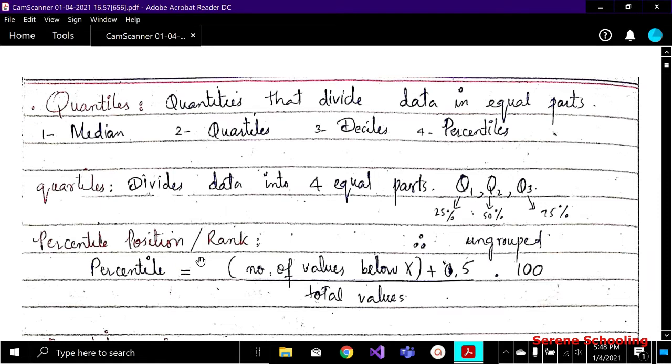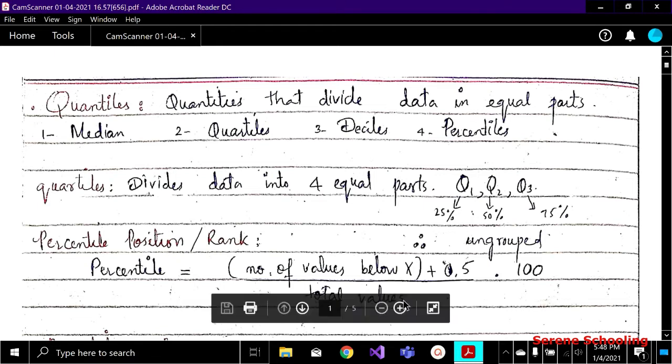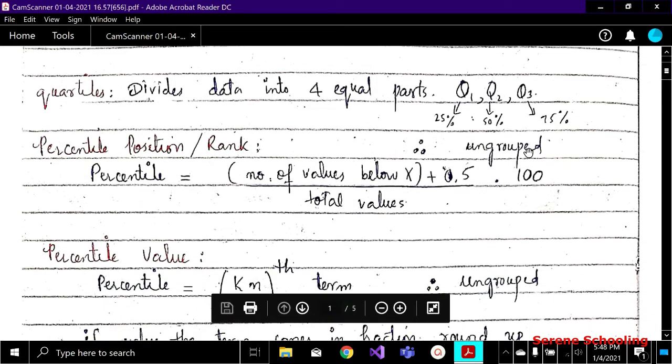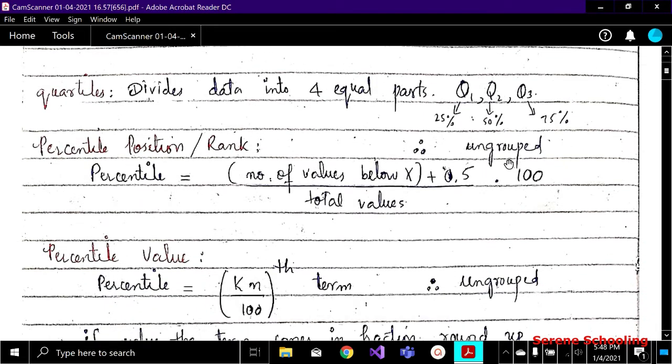So for that we take the percentile position, and in order to find the position of the number out of all the numbers, we use this formula in case of ungrouped data. In grouped data it changes a little bit. I will explain this later, but in the case of ungrouped data we will be given some x, the number of which we want to see the percentile position.